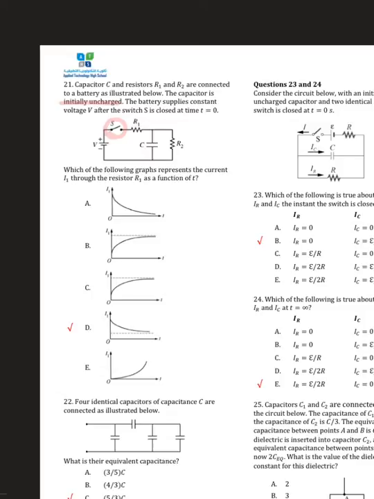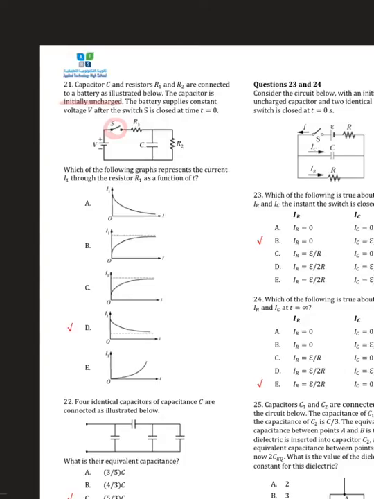Because it's acting like a short circuit, you're going to have maximum current flowing through R1. Okay. And as the capacitor's charge increases, as it reaches the potential of the rest of the circuit, what will happen to the current? The current is going to decrease.